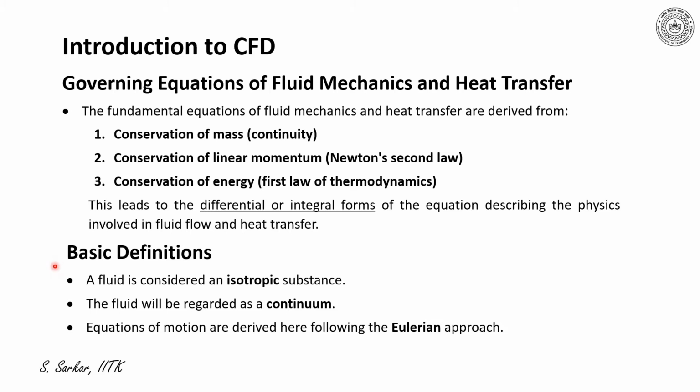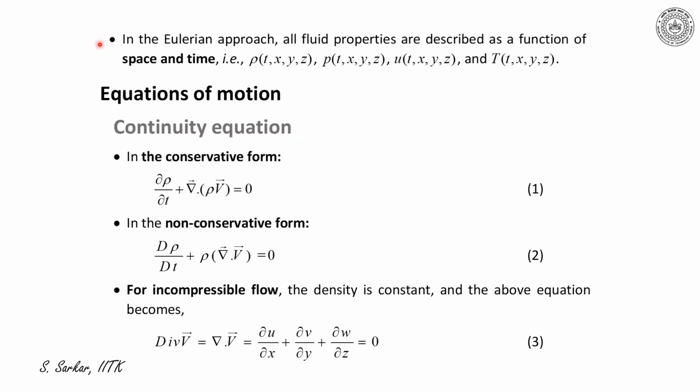Furthermore, the equations are derived here following the Eulerian approach. Thus, the fluid is considered isotropic and Newtonian, it is considered a continuum, and the equations are derived following the Eulerian approach. In the Eulerian approach, all fluid properties are described as a function of space and time.